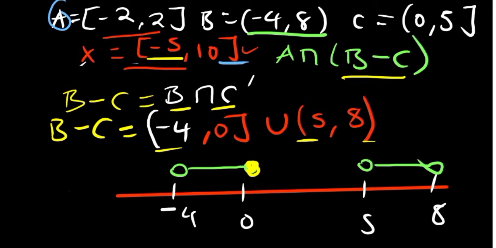Now we need to show A as well. So A is moving from -2 up to 2. I hope my approximation is right. -2 is between -4 and 0, right? I also hope 2 is between 0 and 5.